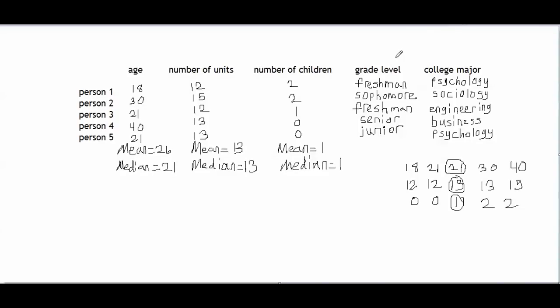Let's think about whether we can find the median of the grade levels. Grade level is an ordinal variable, so these 5 data values in here are a set of ordinal data. You actually can find the median of a set of ordinal data as long as you have an odd number of data values. Let's put these five grade levels in order from lowest to highest.